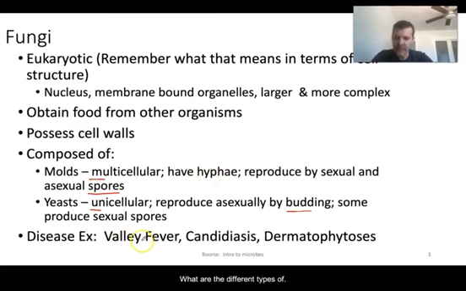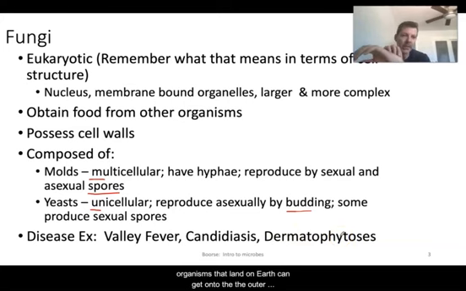Lastly, here are the different types of fungal organisms that can cause different diseases. A disease like valley fever that we have in Arizona is important, and there are certain yeast infections, like those caused by the yeast Candida. And then dermatophytoses is a disease caused by fungal organisms that get onto the outer layers of our skin and cause irritation.